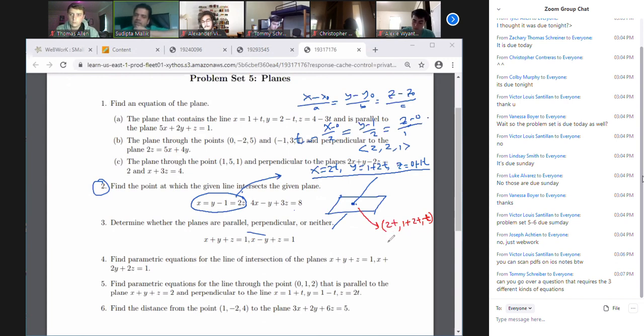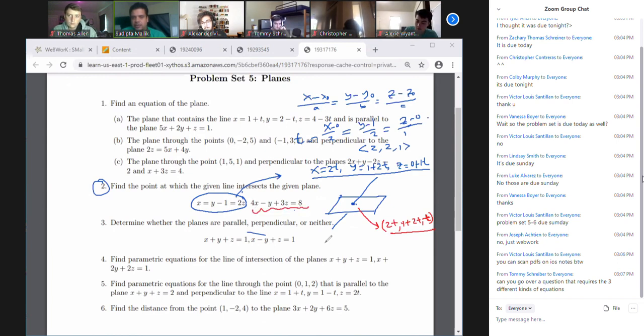So what else can you use? What other information can you use? How can you find this value of t? This point also lies in the plane, right? So if you plug this into the equation, it will satisfy it.